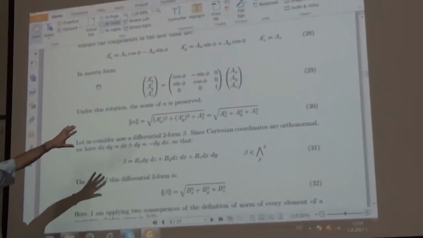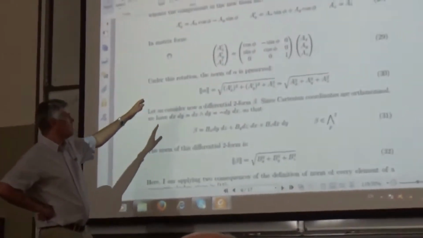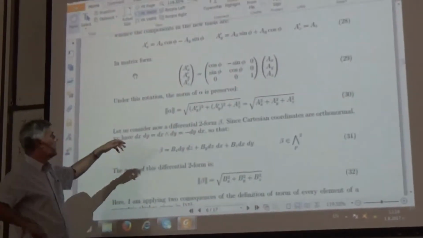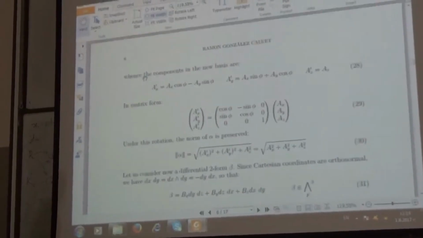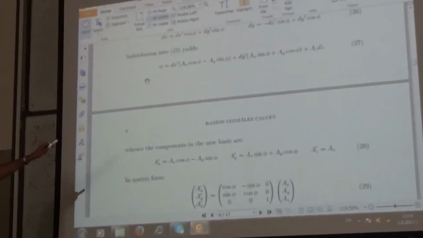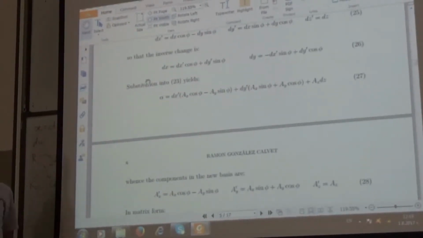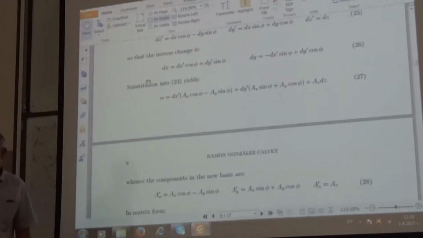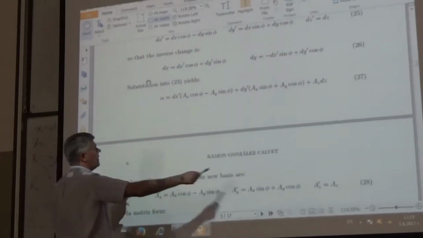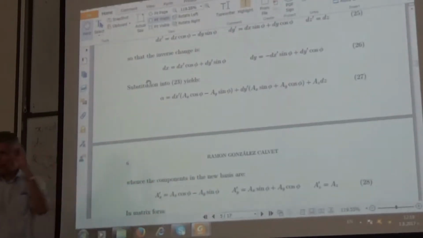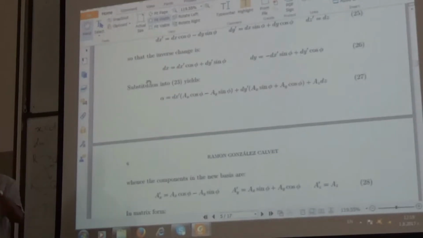If we make a rotation, then we see that the norm is preserved. We can do this not only with vectors, but with differentials. You usually make rotations with vectors, but we can rotate differentials, and the result is similar. Not exactly the same, but almost similar.